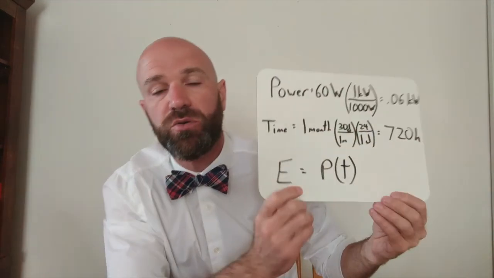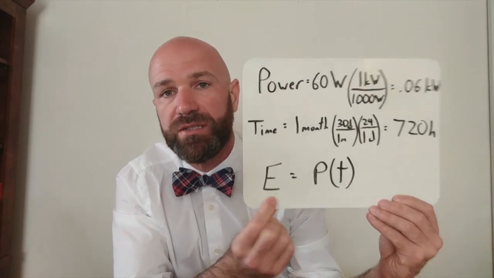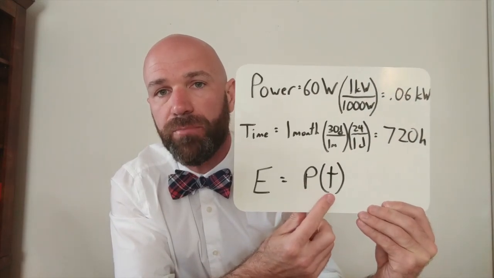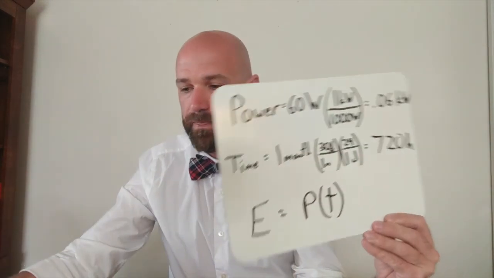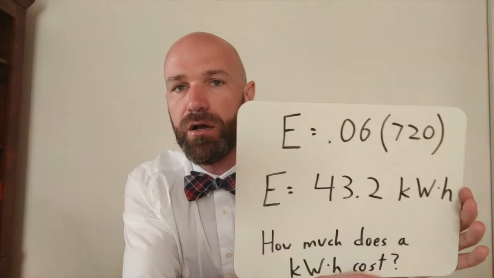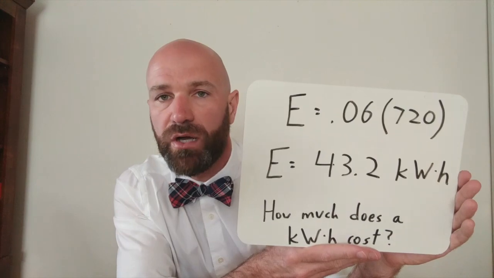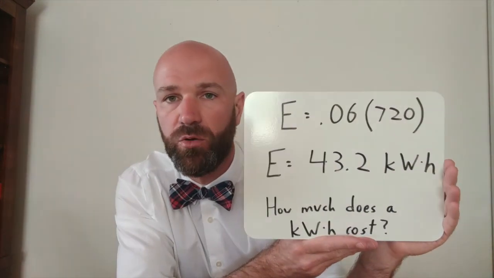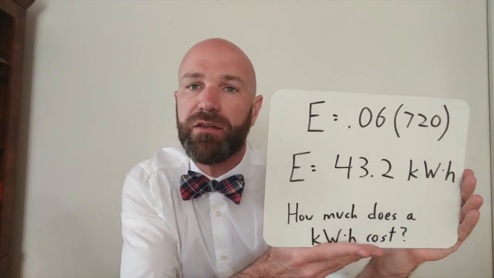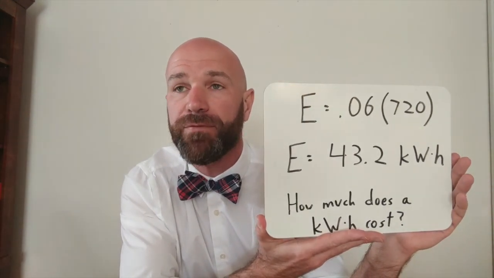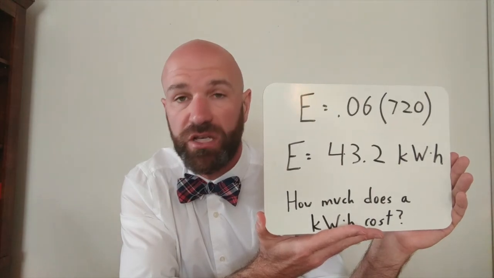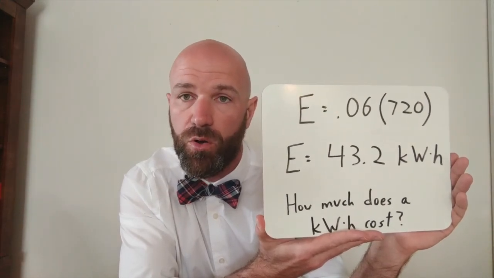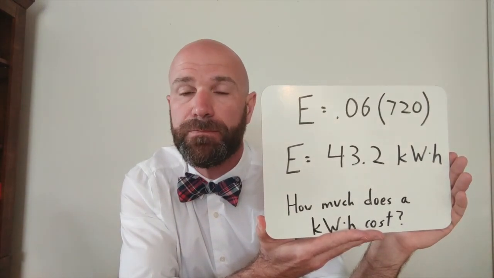So to get our total energy, we take our power and multiply it by our time. 0.06 times 720, and we have, what is that, 43.2 kilowatt hours. So that's the amount of energy that we have to buy from PSE&G just to run that light bulb for 1 month straight.